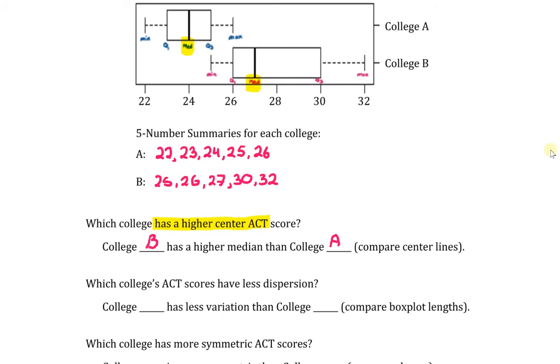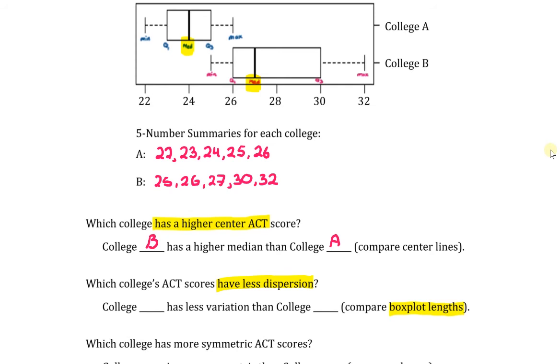Which college has ACT scores that have less dispersion? Remember, when looking at dispersion, we're looking at the spread of our data. Here, it might be helpful to look at the box plot lengths, or the range of your data.